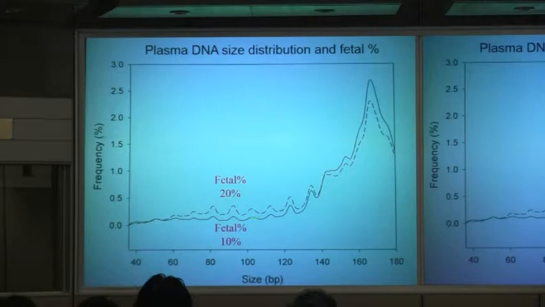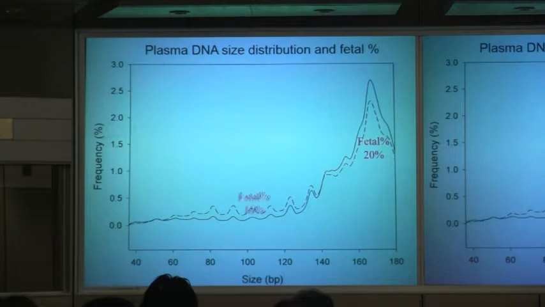One has 10% fetal DNA, one has 20%. So the 20% one will have more short molecules. So if you look at the short ones, the 20% one has higher peaks than the 10% one. But on the other hand, if you look at the longer molecules on the right-hand side, then the more fetal DNA there is, the less of those long ones you have.